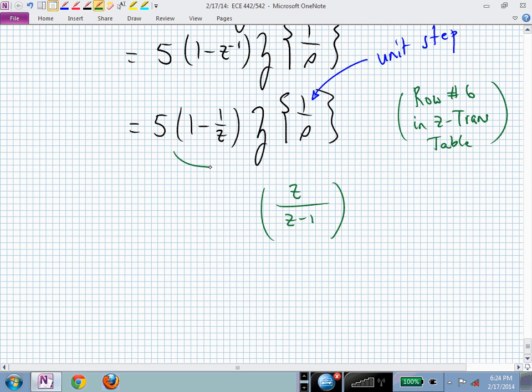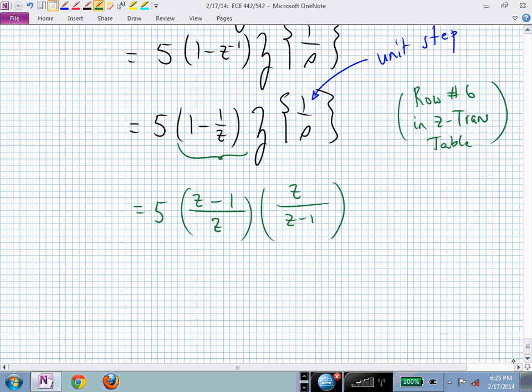But this, if we put that over a common denominator of Z, what do we get in the numerator? I have Z over Z, that gives me the 1, and I simply have the minus 1, and this was scaled by 5. Wow.